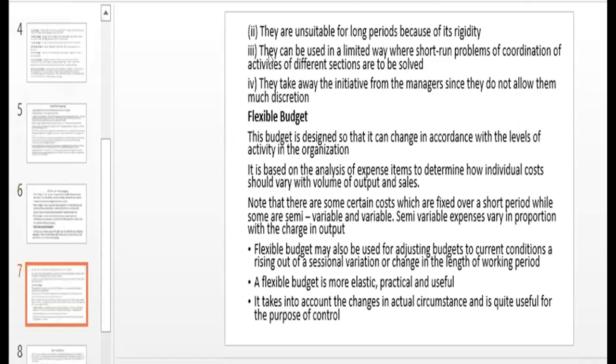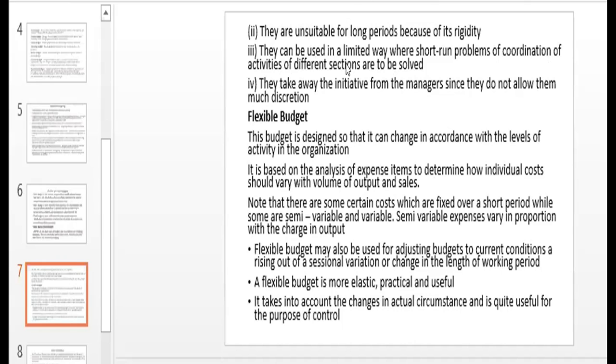Then they are unstable for long periods because of their rigidity. Once, for example, long-term projects, once you start spending into them, pulling out is very costly. So planning for them is critical, because the cost of pulling out once you start implementing becomes costly again to the company.